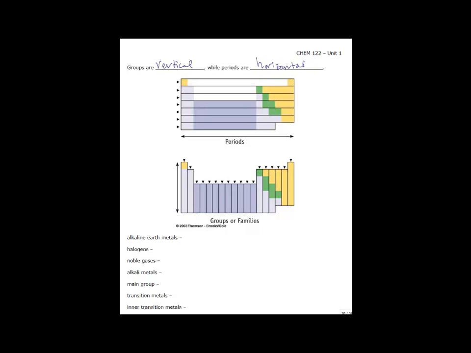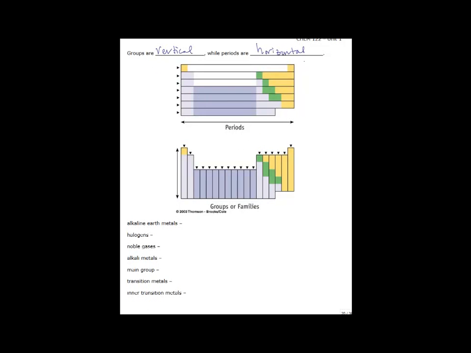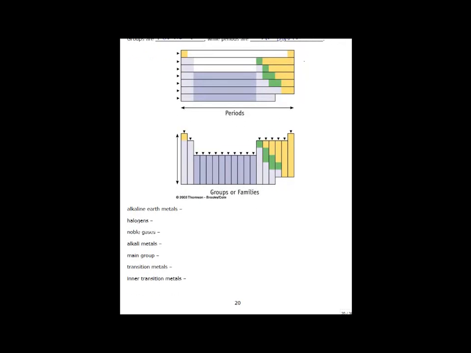So, I'm going to number these groups, and you can do so on your periodic table as well. So this is group 1, this is group 2, this is group 3, this is group 4, 5, 6, 7, 8.